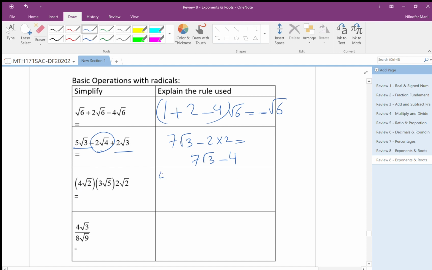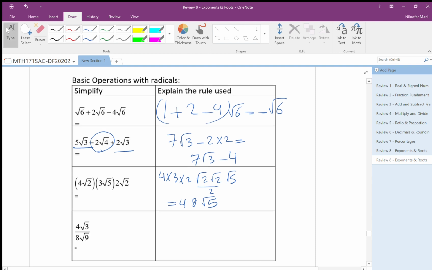Okay, 4 times 3 times 2, and radical 2 times radical 2 times radical 5. Okay, so it is 12. So this one and this one is also 2, because it's radical 4, and it becomes 2 then. So you do 12 times 2, 24. So 4, 16, 48. So it's 48 radical 5 then.